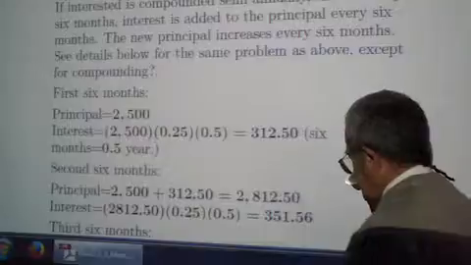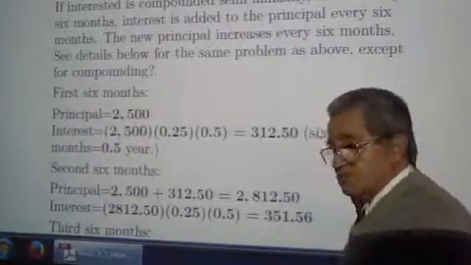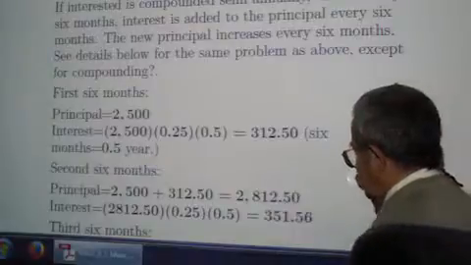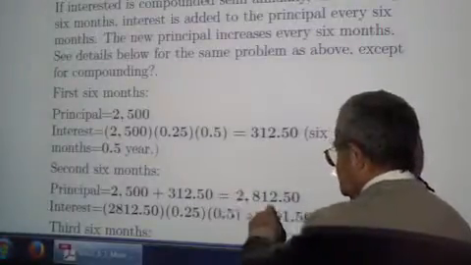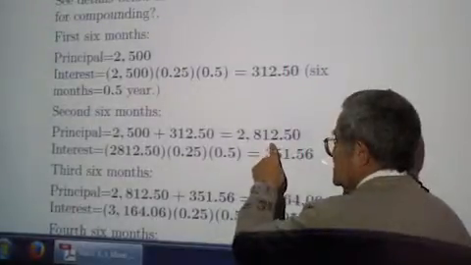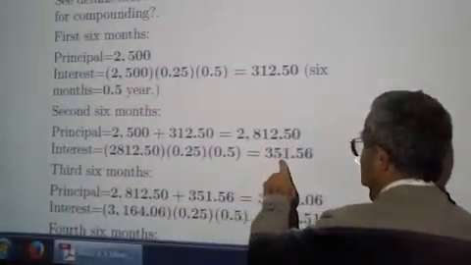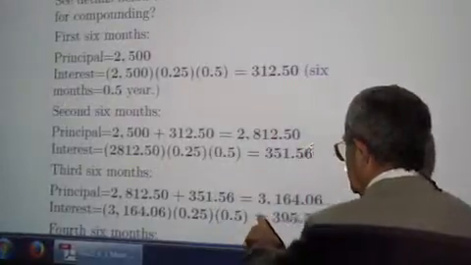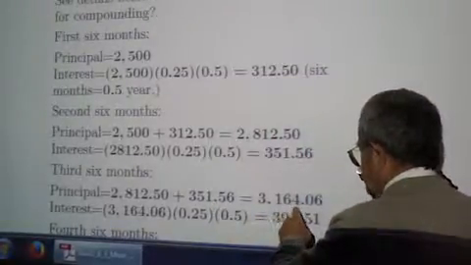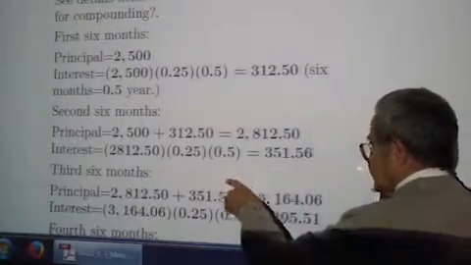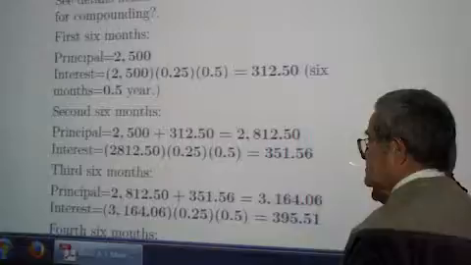So we figured out the interest for the second 6 months. That interest is added to the previous principal, 2,812.5 plus the interest 351.56, which is supposed to be $3,164.06. That is the third 6 months period.